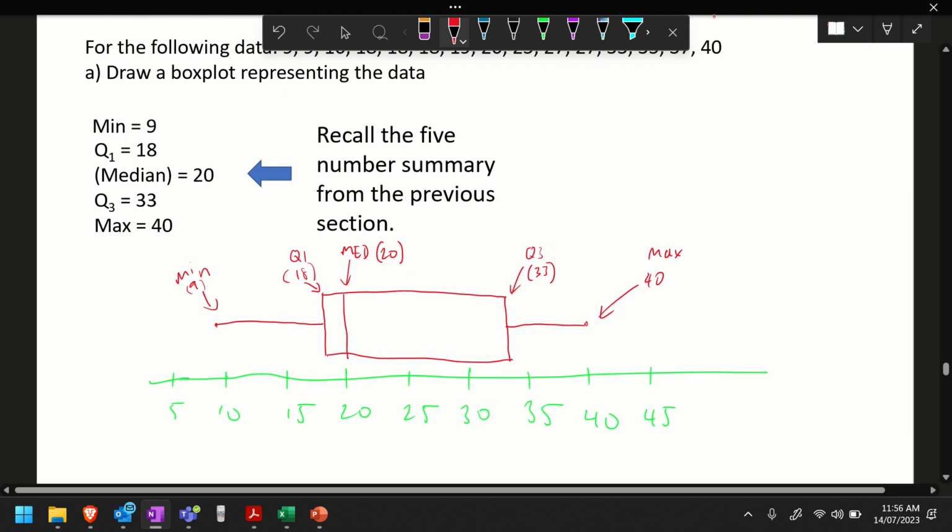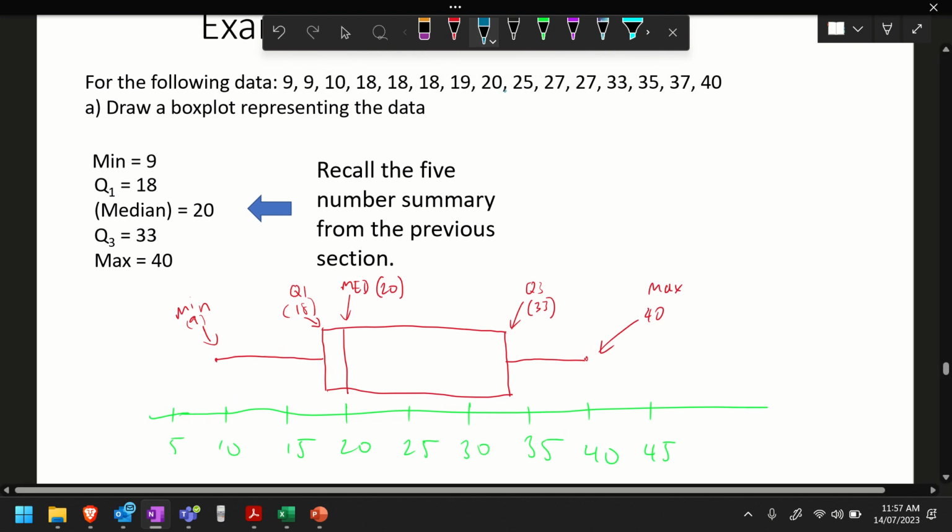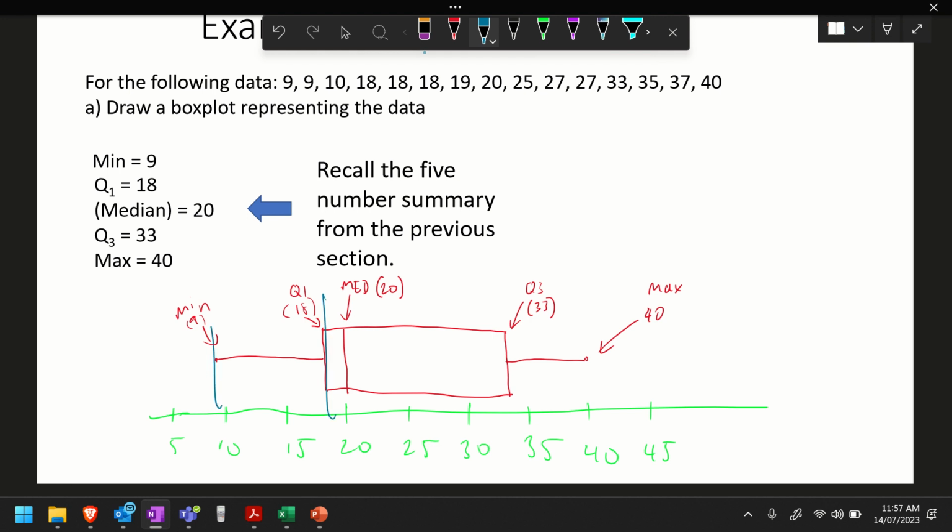Good job. And here's another thing. Remember in the previous slide, where you split it up and put those lines, and each part was 25%. If you think about it with the data, if the median is at 20 right there, each part represents 25%.